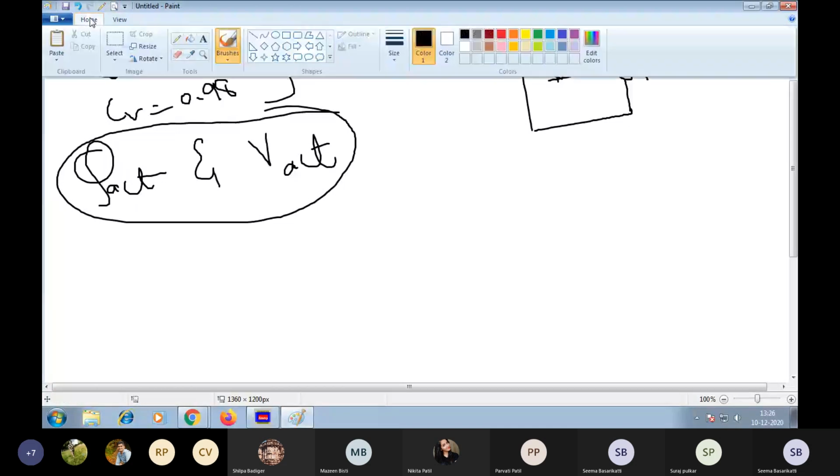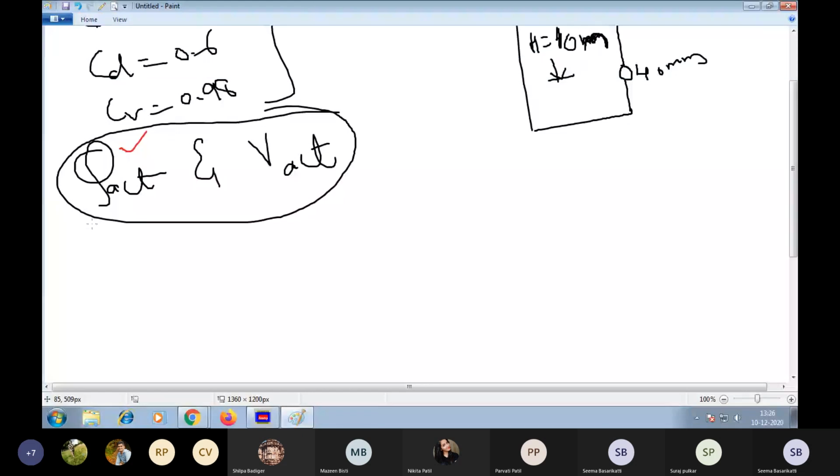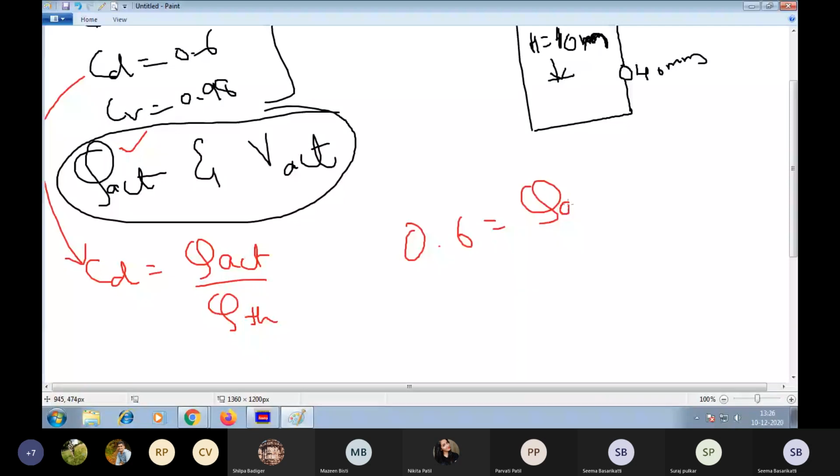So first let us solve this. CD is nothing but actual discharge by theoretical discharge. What is the value of CD they have given? They have given it as 0.6. So 0.6 is equal to actual discharge by theoretical discharge.